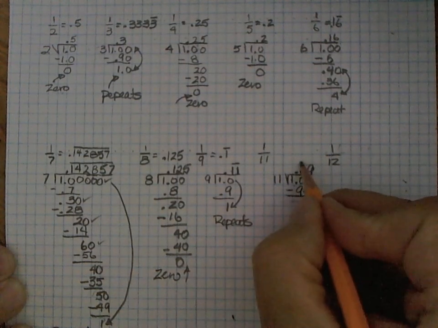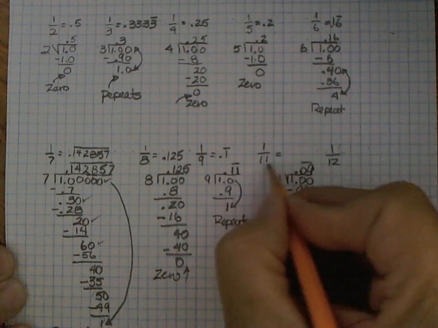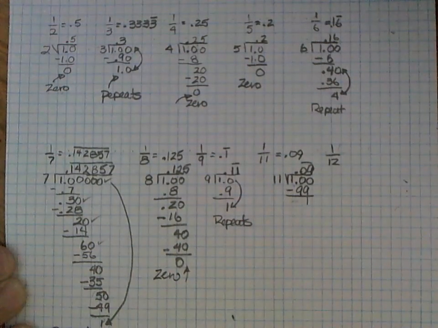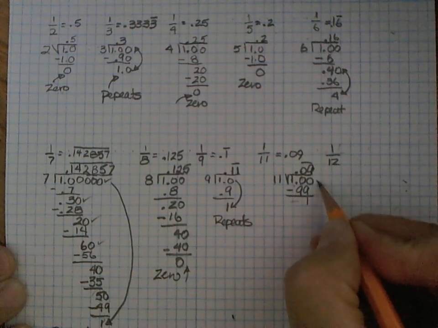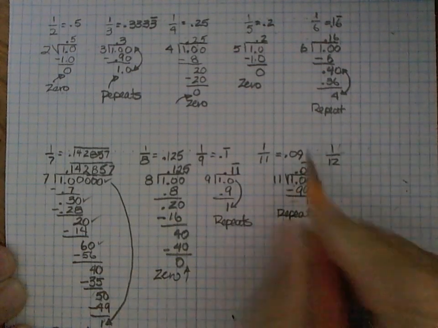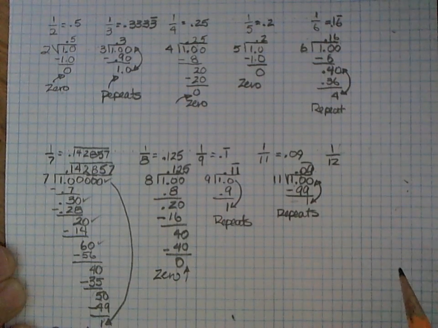So the repeating decimal, I would just get 090909. So if you're looking at 1/11, it's 0.09 repeating. Okay. See the repeating 1? Right there and there, the 1 repeats. So that means whatever I have right here is the repeating part of the decimal.